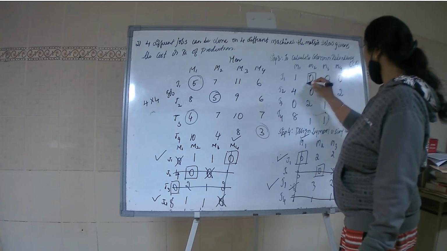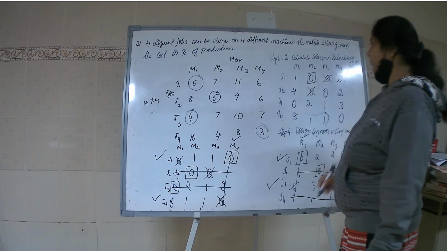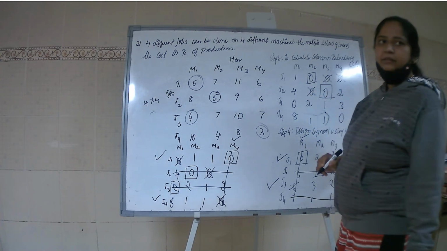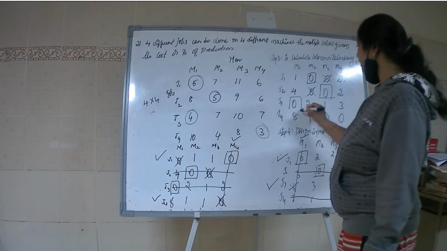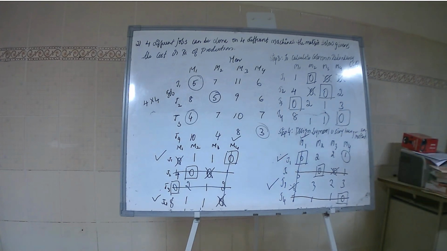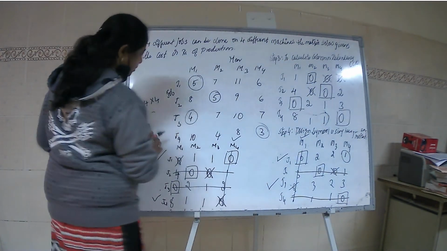So here I put the assignment. I will strike these two zeros and this one. Then second, here I put the assignment. Third, here, and fourth, here. Are we getting 4 assignments? Yes? Okay. Now here we need to get the optimum solution.